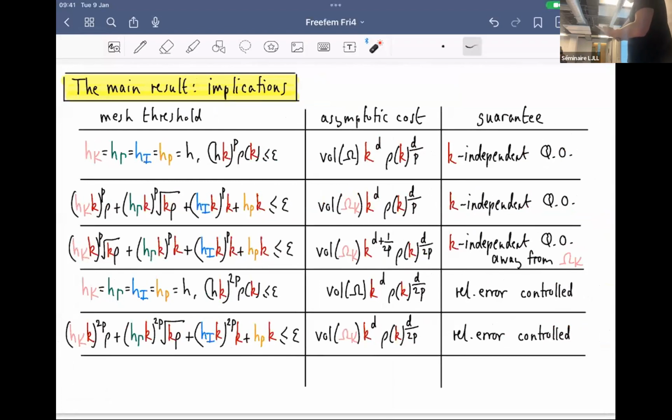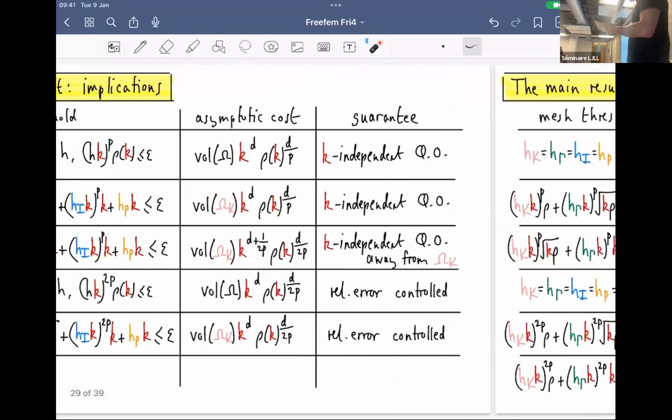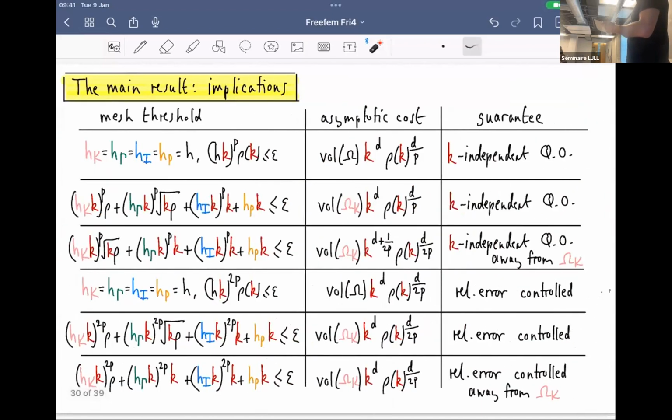Okay, and I'm conscious you're seeing this table for the first time, with all these colors and these conditions. But the point here is that I'm controlling the error away from the trapping, and I'm weakening things. So here I have a rho, but I'm replacing it by square root of k times rho. Going down these columns, I'm weakening the conditions on my mesh, and here I'm controlling the relative error away from the trapping.